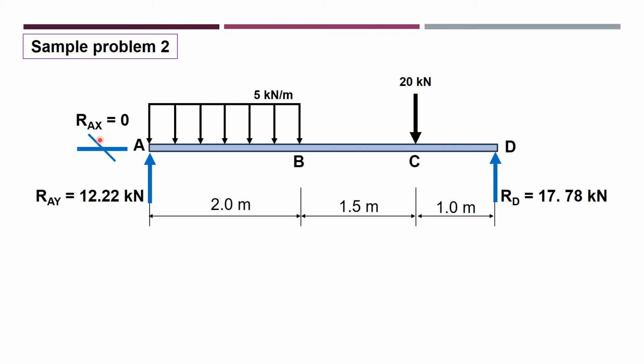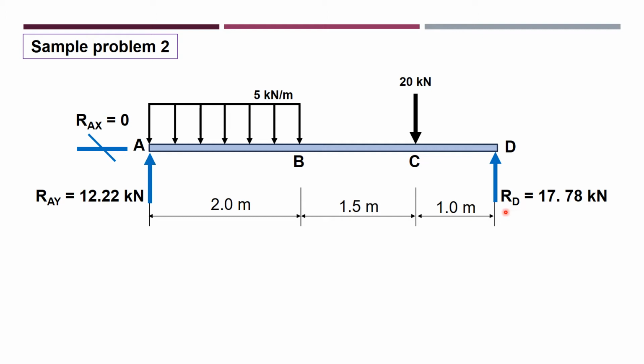Like for this one, and in our first problem, you have the vertical component ng reaction sa A. Although 0 yung horizontal, sinama pa rin natin dito, because placing the components here ay magpapakita na we have a hinge support dito. Kasi wala na yung hinge support but represented by the components of the reactions na. And for RD, so this is the amount of the reaction.